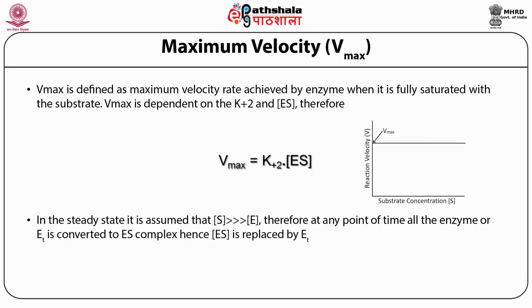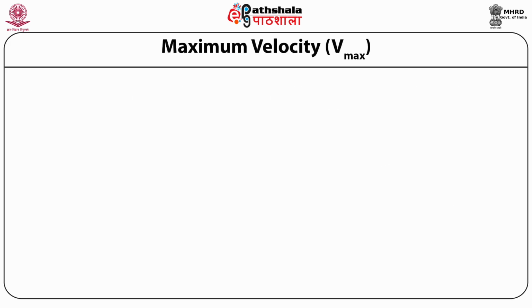But considering the assumption of steady state, where substrate concentration is very much greater than enzyme concentration, at any point of time during the reaction the ES complex formed is always dependent on enzyme concentration. In the steady state, the free enzyme concentration is 0.